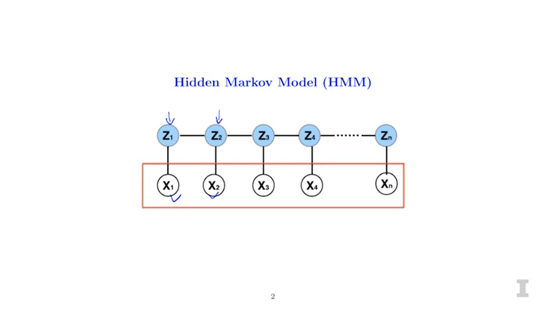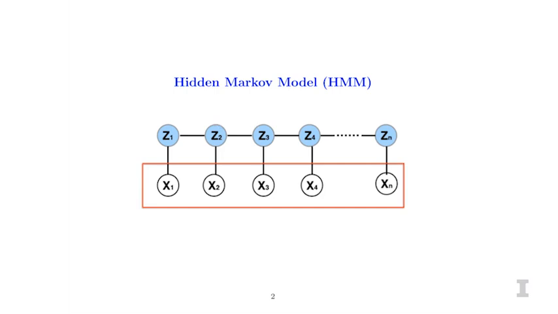So once we condition on z1 and z2, x1 and x2 should be independent. But when there is an edge between two random variables, it means even with conditioning on all the other random variables, they are still dependent on each other. For example, z2 and z3, there is an edge, meaning even with conditioning on all the other z's and all the other x's, there is still some dependence structure among z2 and z3.